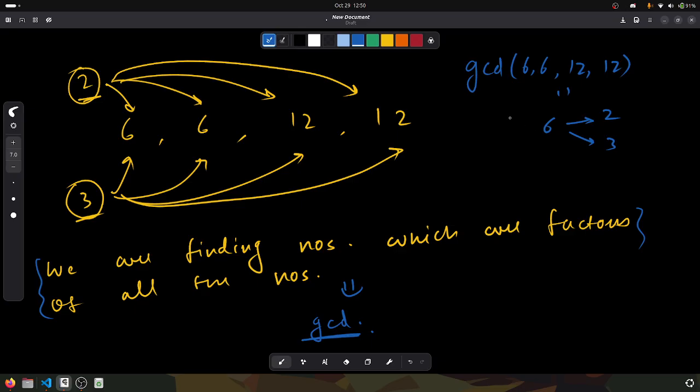What does that mean? That means there must be at least one number in these that is not a multiple of 5. If so, then the GCD of all these numbers will not contain the factor 5.